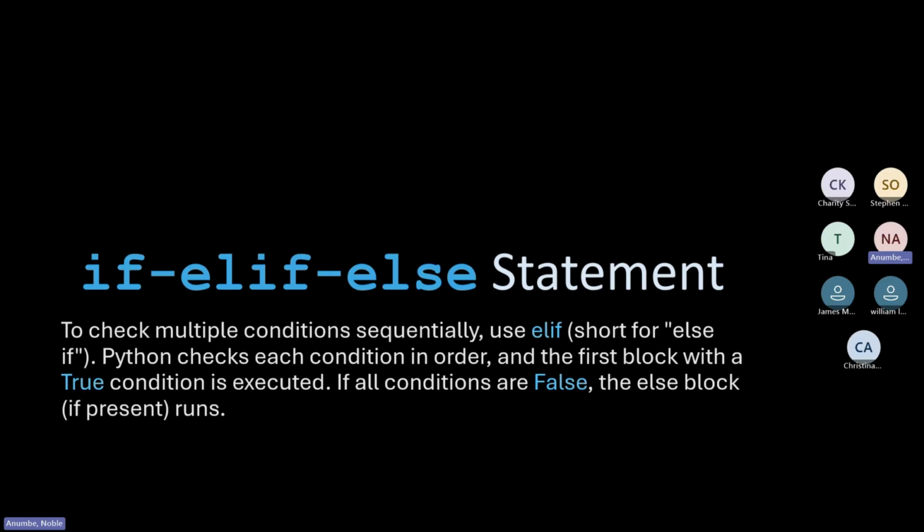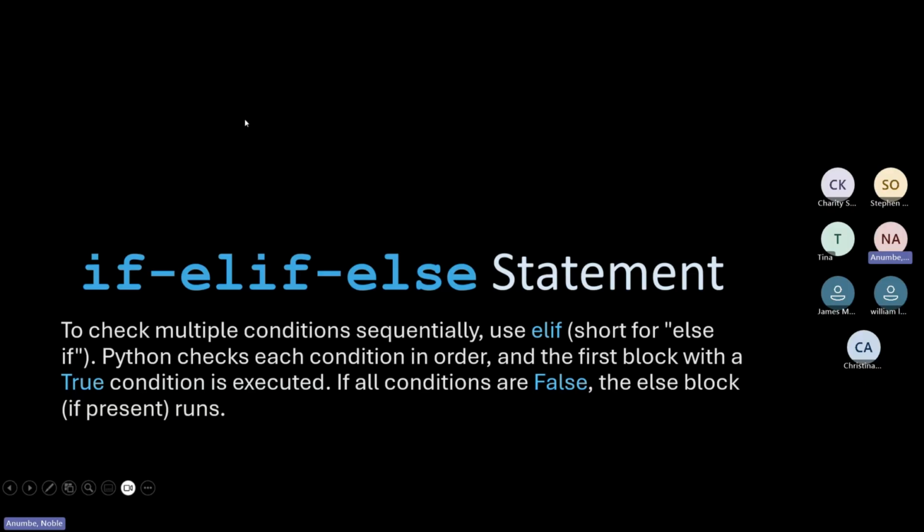Then how do we handle it? That's when you begin to use your if-elif-else. In this case, Python checks each condition in order, and the first block with a true statement is executed. If all the conditions are false, the else block, if present, runs.